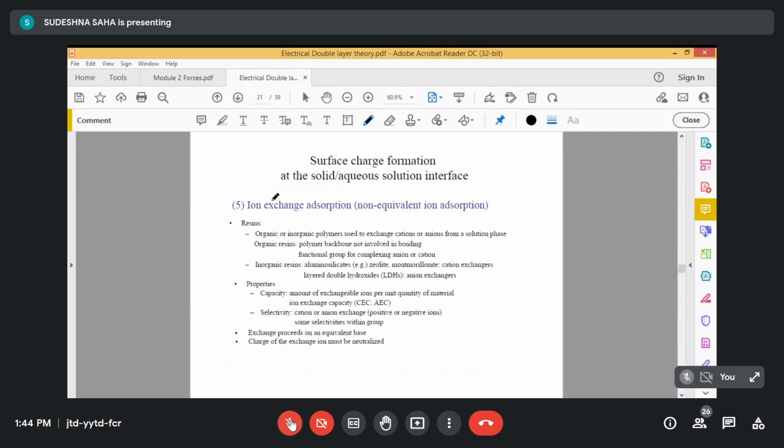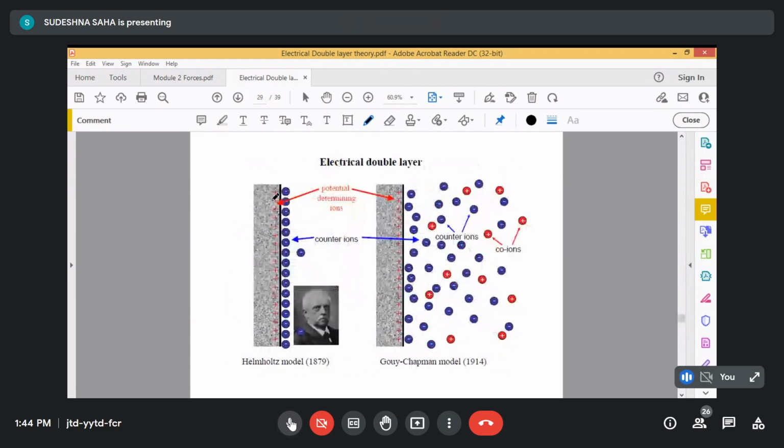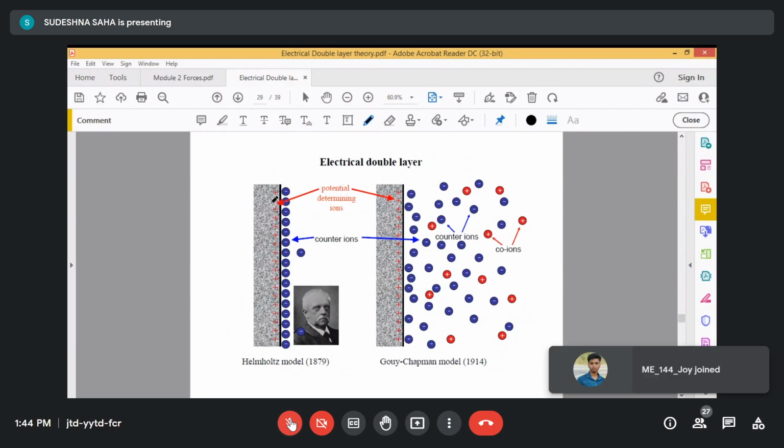So I'm not going into the details of it. What is the application of this surface charge formation? Yeah, I'm coming to that. Why I'm saying so much about surface charge at the moment. Because most of the time, whenever you are having small particles, or whenever you try to make a dispersion, you put it either in an aqueous medium or some organic medium.